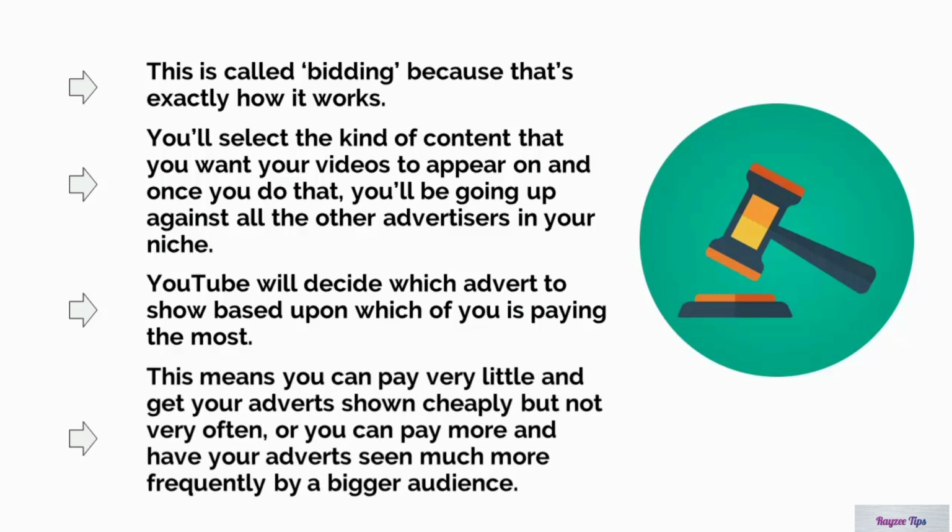So this means that you can pay very little and get your adverts shown cheaply, but not very often, or you can pay more and have your adverts seen much more frequently by a bigger audience. Of course, the amount that you're able to pay is likely to be dictated closely by the amount that you stand to earn from each video and how effective your campaign is at driving sales and profits.